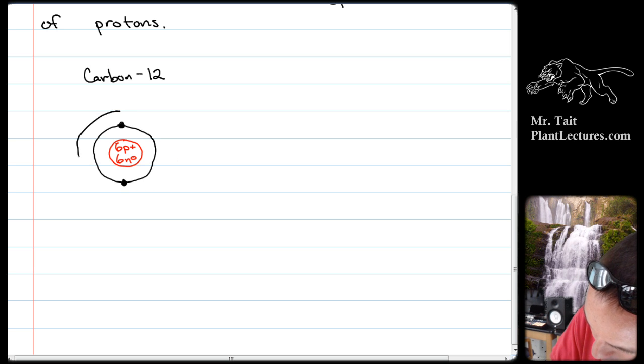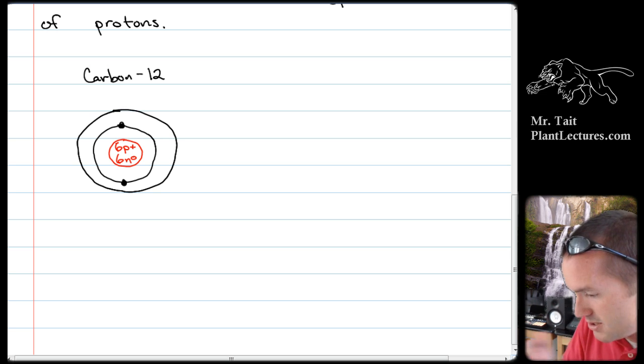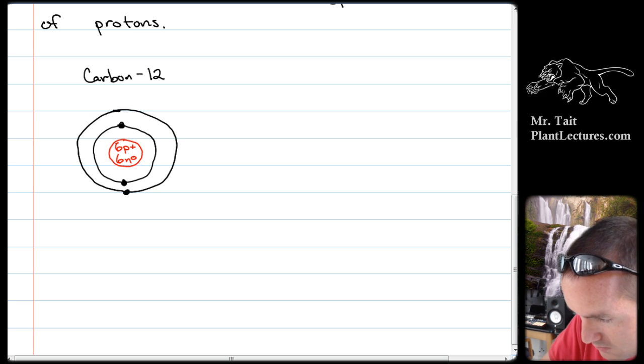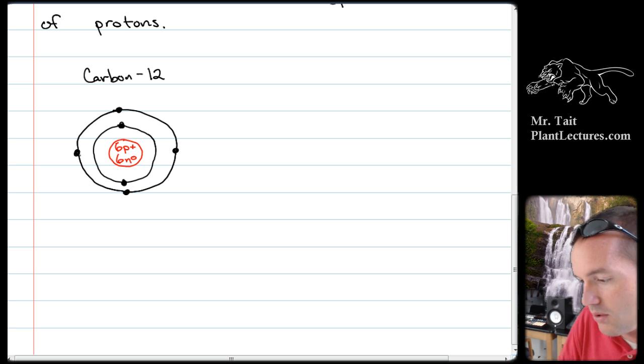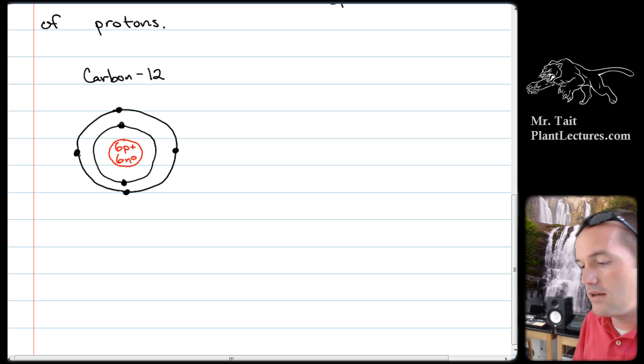And then the second one, sure, why not? It's going to have 4 electrons in it so that we have 6 electrons total, right? So that second energy level is going to be the 2s2 and the 2p2 in this case. Again, not super important if you don't remember that.